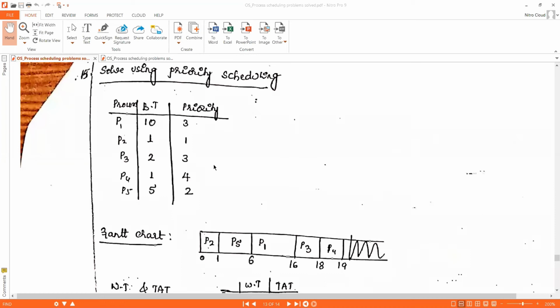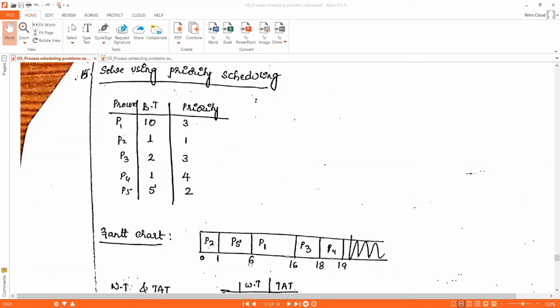If two processes have the same priority, the CPU allocation is decided by the first come first serve scheduling algorithm. Process 1 came first to the ready queue, so the CPU will be allotted to process 1.